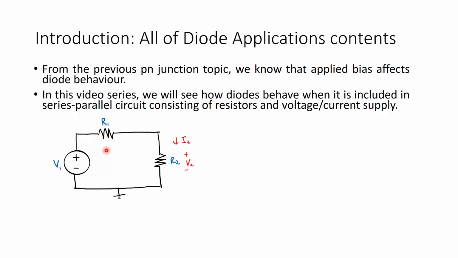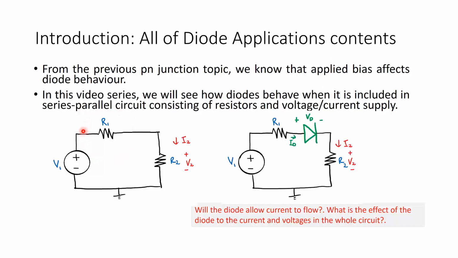When it comes to a resistor, we can apply Ohm's law. But if there is a diode, we'll have to decide: will the diode allow current to flow? What is the effect of the diode on the currents and voltages of the whole circuit?